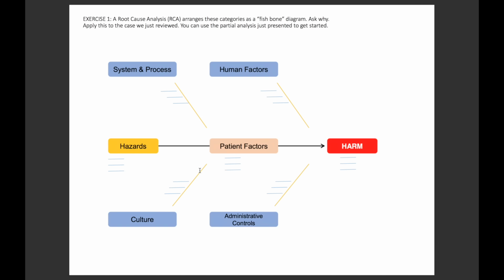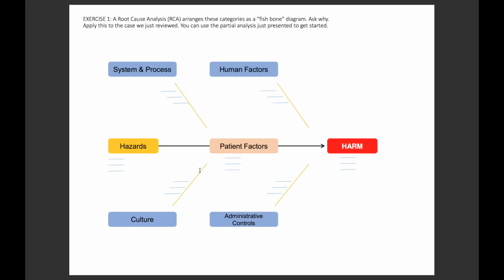All right, you should have gone through this case and identified all of the factors that went into this case, and now we're going to do a deep dive into this case. But before we do this, I want to just show you what's called a fishbone diagram.